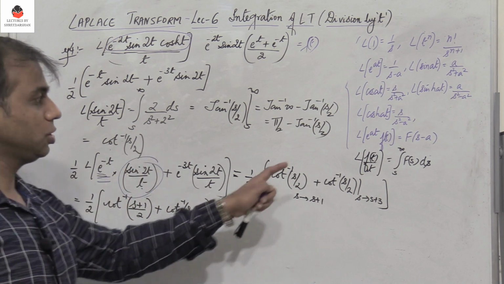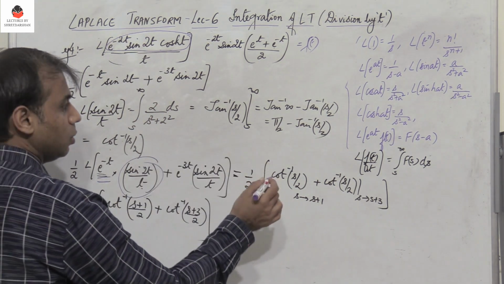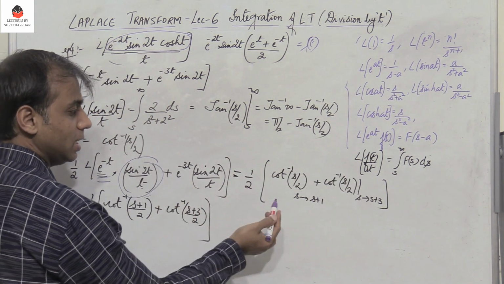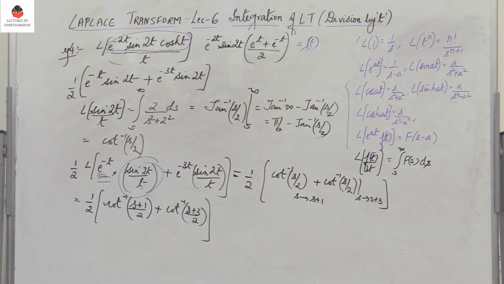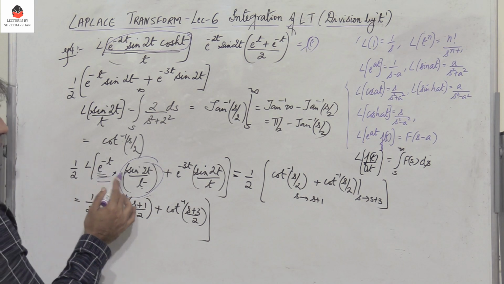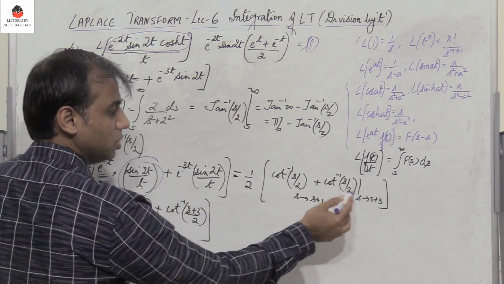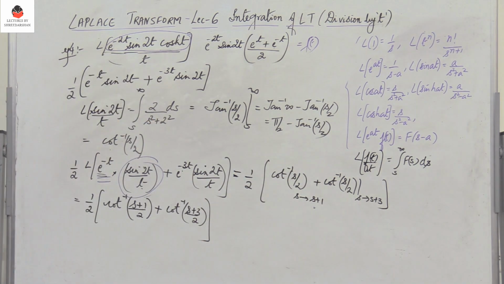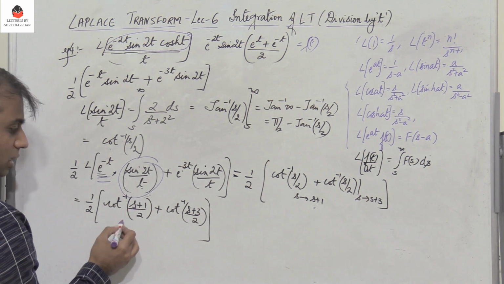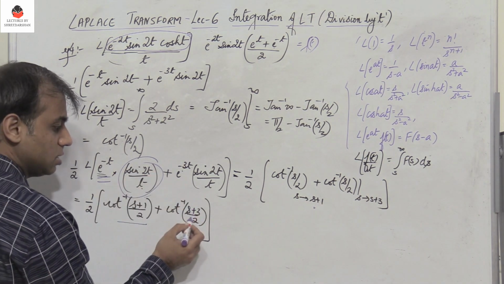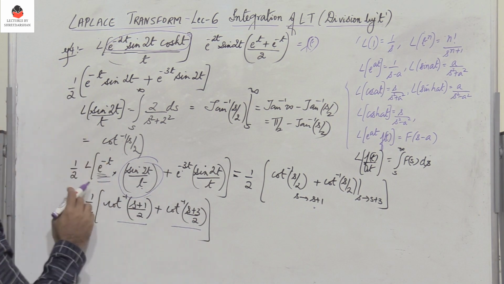So here I'm going to use the first shifting theorem, wherein wherever s is there, you are going to translate s by s plus a or minus a depending on the value of a. Here a is minus 1, so it's going to be s plus 1. Here a is minus 3, so s is going to be s plus 3. So wherever s is there, substitute s as s plus 1 in the first expression. Wherever s is there, substitute s by s plus 3 in the second expression, and we get the final answer.